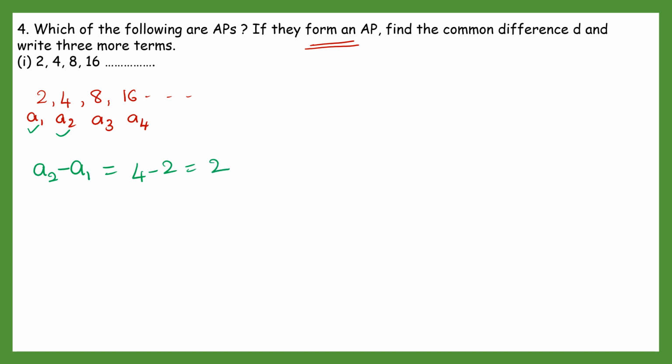You got 2. Now, A2 and A3 are another set of consecutive terms. Let's find the difference, A3 minus A2. You get 8 minus 4. That is 4.